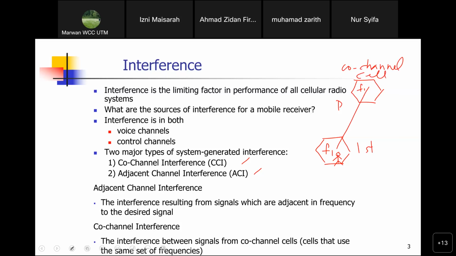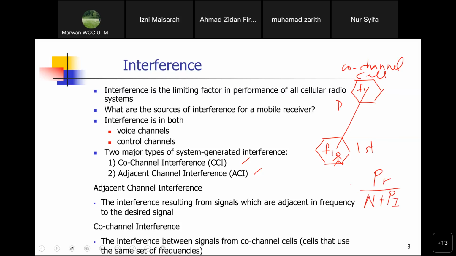By having interference, it will impact our received signal. Our received signal initially is received signal divided by noise, but now noise plus the power of the interference.